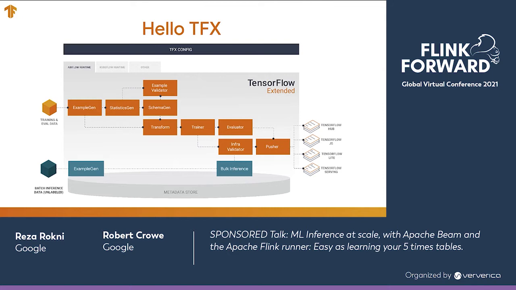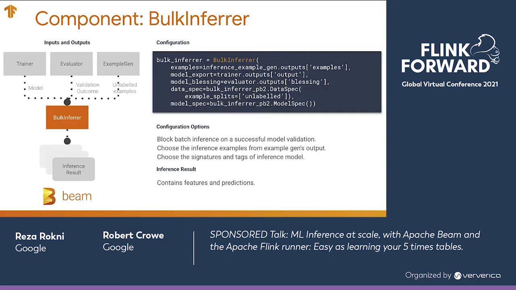The components in green are an inference pipeline. So they're going to ingest inference requests, unlabeled data, and they're going to produce predictions from that using a trained model. And that's the bulk inference component there. So the bulk infer looks like this. It's a fairly simple component. It allows you to batch things together and run inference.